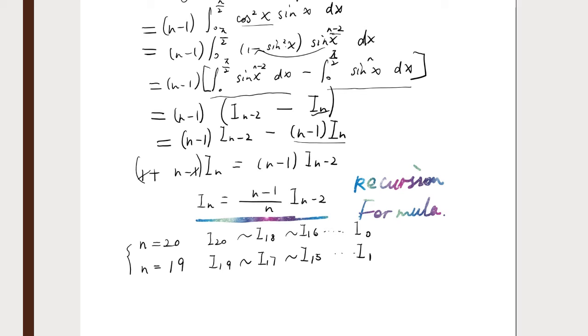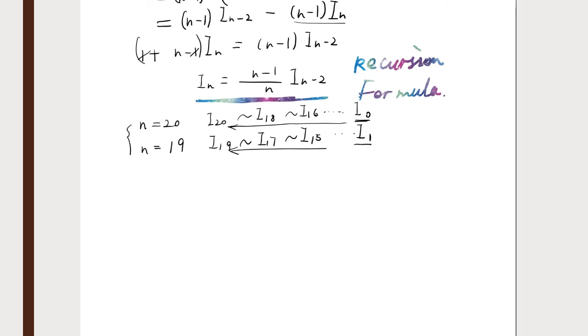So the power of the recursion formula is that as long as we can find the very beginning, or the initial condition, like in our case I0's value or I1's value, we can go back and find I19's value, or I20's, I18's, I17's value. We will find any value you can imagine. So our job becomes to find I0.